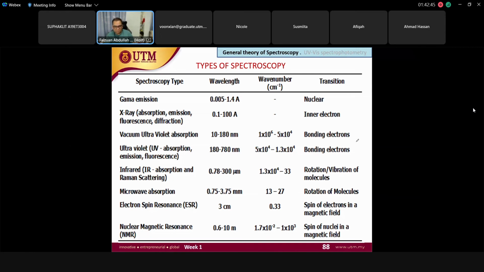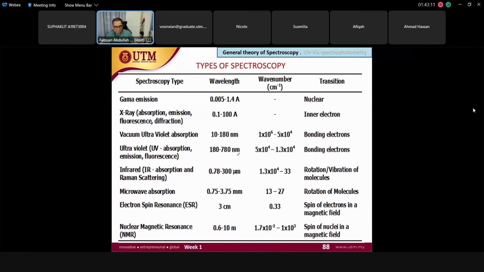The ultraviolet and also fluorescence is in bonding electrons as well. In infrared spectroscopy, the transition involves the rotational and vibrational of the molecules. The microwave involves the rotation of molecules. Electron spin resonance involves the spin of electrons in the magnetic field. This is the different spectroscopy and different transition.